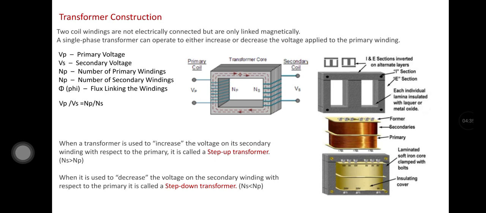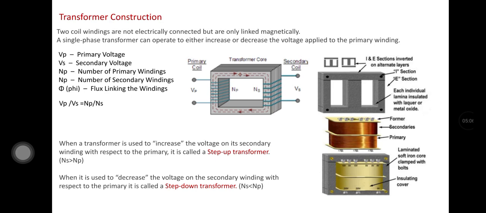If you see the structure, it is again the primary coil, secondary coil, Vp applied across the primary winding, and Vs from the secondary winding. The number of turns in the primary winding is denoted by Np, and the secondary winding turns is denoted by Ns.